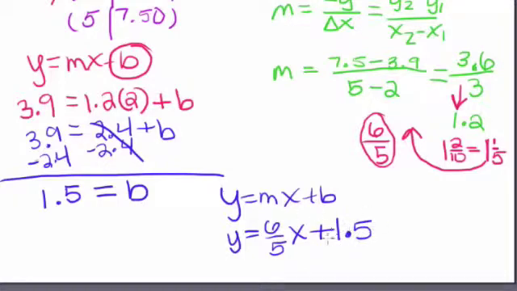Now in your test book you might see something like y equals 1.5 plus 6/5 x, and that's okay. I just like to write it in exactly this mx plus b format, but you could also write it as y equals 1.5 plus 6/5 x. Good luck solving problems like this on the state test.